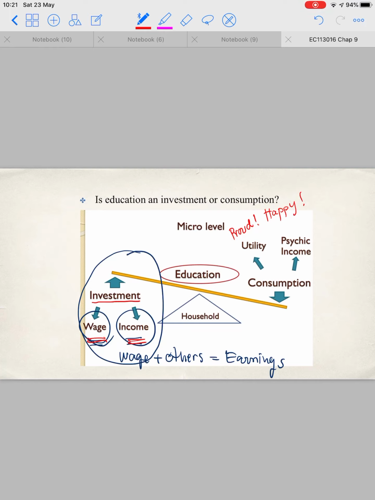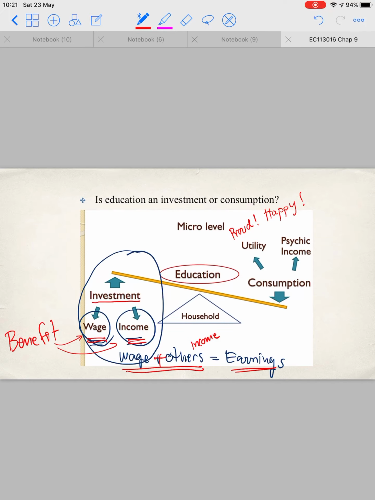Invest, then gain benefit. Okay, this is all benefit, wage and income. Sometimes we are familiar with earnings. Earning means wage plus other income.